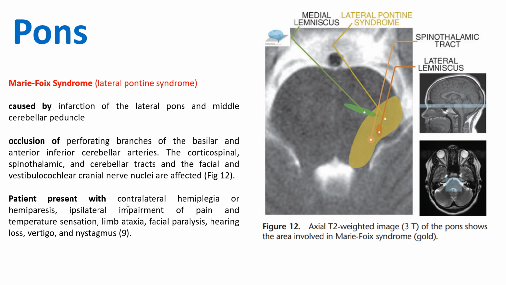And remember, we have a contralateral hemiplegia and the ipsilateral affection of the cranial nerve. This is called a crossed hemiplegia or crossed hemiparesis, which means we have a lower motor neuron affection of the cranial nerve on the same side and hemiplegia on the opposite side.